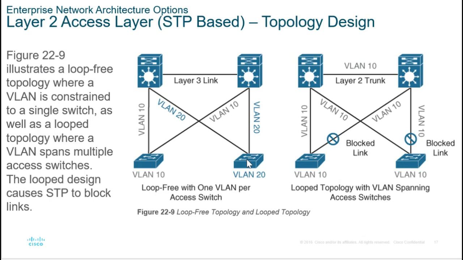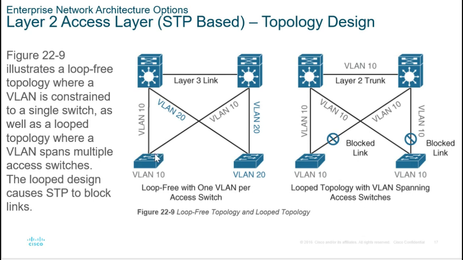Right? So kalau kita implement VLAN yang sama spanning multiple different access layer switch, nampak kita akan ada blocking. Right? So bila VLAN 10 ni span between the two access layer switches, the distribution layer switch mungkin treat them as separate access layer switch, jadi dia mungkin block.